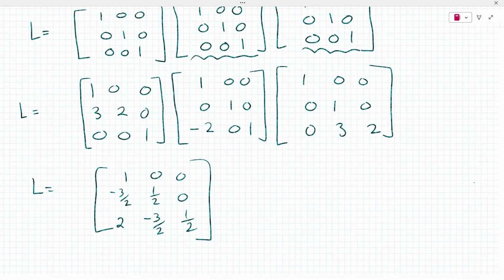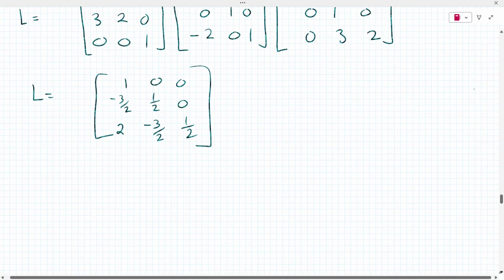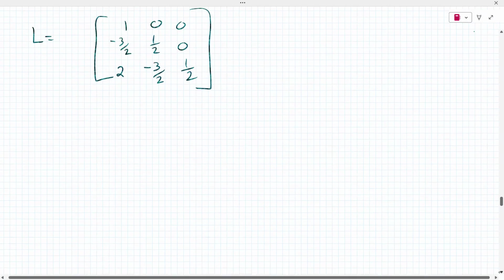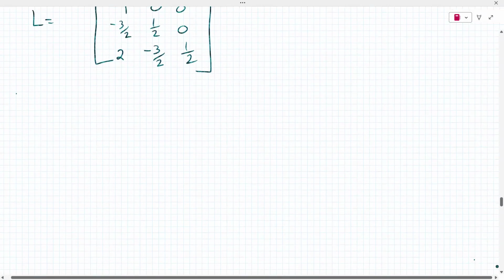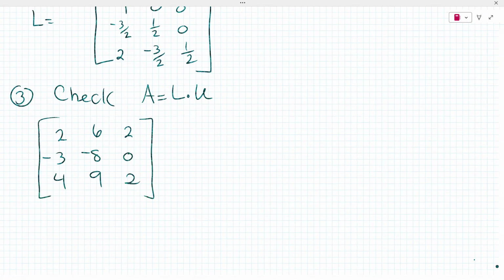Right, step 3 is you're going to check A equals LU. Okay, so A was 2, -3, 4, 6, -8, 9, 2, 0, 2 equals L times U. Our L is what we just found.